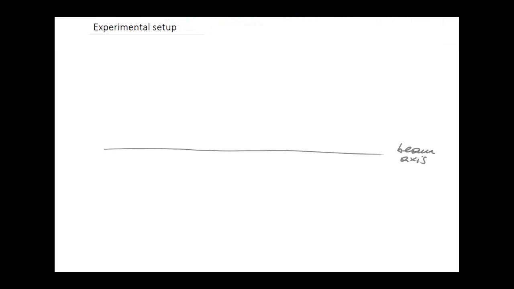Somewhere along this beam axis is the center of the potential, and we call that the target. And at that point, there's also the origin of our coordinate system. So here is r equal to 0. We are going to use spherical coordinates, and there is the origin, r equal to 0. So we have a fixed target, and this is the center of our potential. And that's also the origin of our coordinate system.